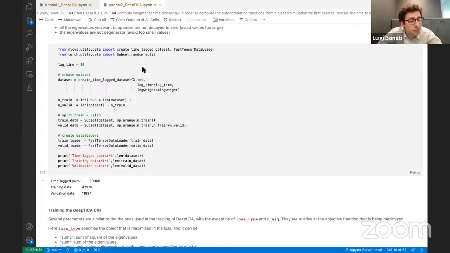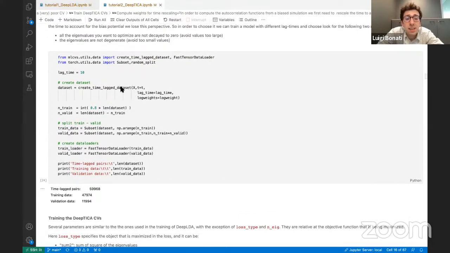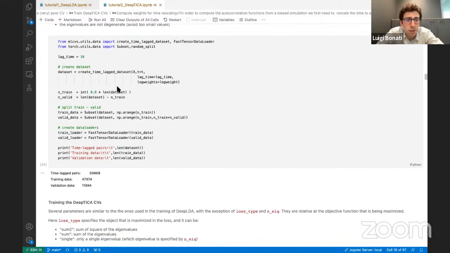In the first example, the dataset was made up of configurations and their labels. Here instead, we have pairs of time-lagged configurations, so configurations at time t and time t plus tau, configurations which are distant a lag time in the trajectory.